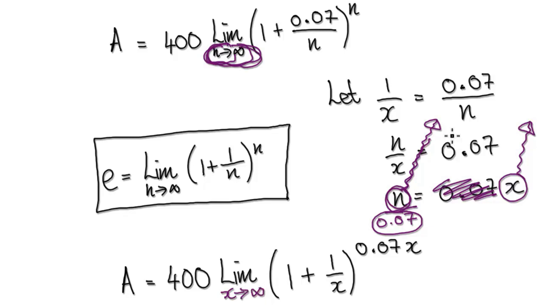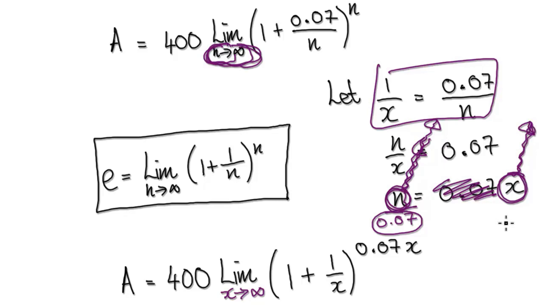It's just a coincidence that by making this substitution, x also gets bigger and bigger. With certain substitutions, as n gets bigger, x might get smaller and smaller. We don't know. But in this case, x gets bigger and bigger.